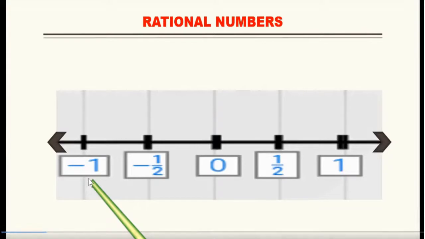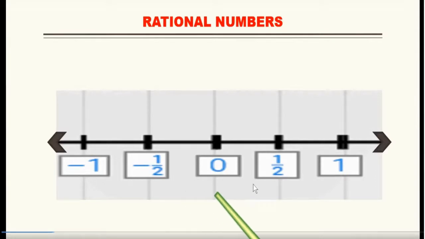It means 1 will have its corresponding negative integer minus 1. So, every rational number will have its corresponding negative rational number. Here, half is a positive rational number and its corresponding negative rational number is minus half.